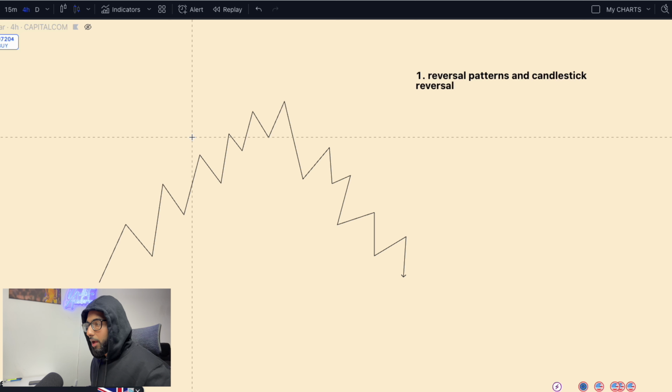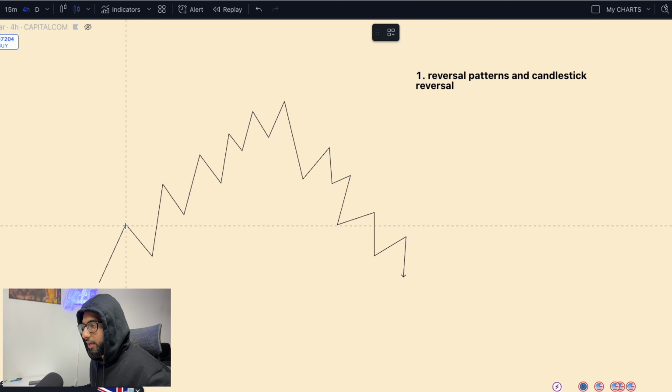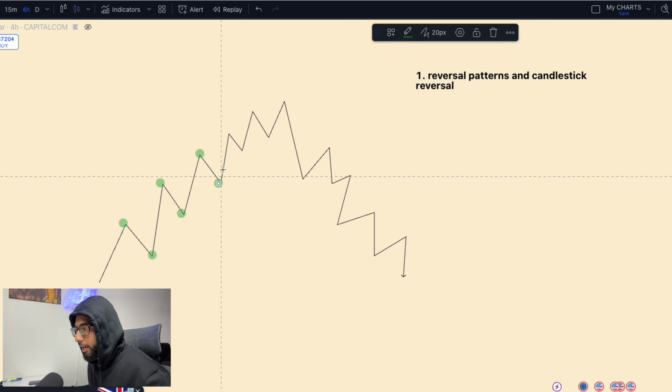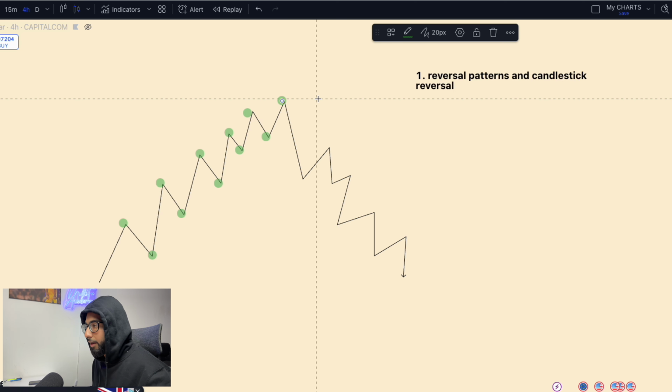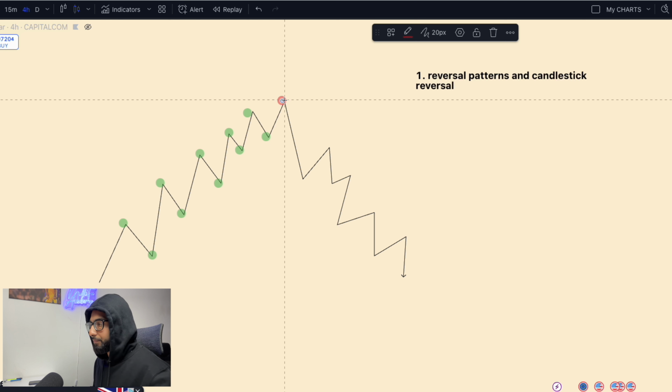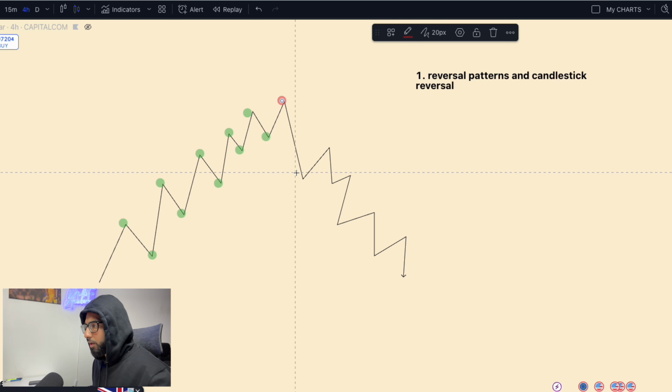Now that's just one element of this structure. But the thing is, we understand that for an uptrend, we need to have a higher high, a higher low, higher high, higher low, and so forth. And for a downtrend, we need to have a lower high, lower low, lower high, lower low.